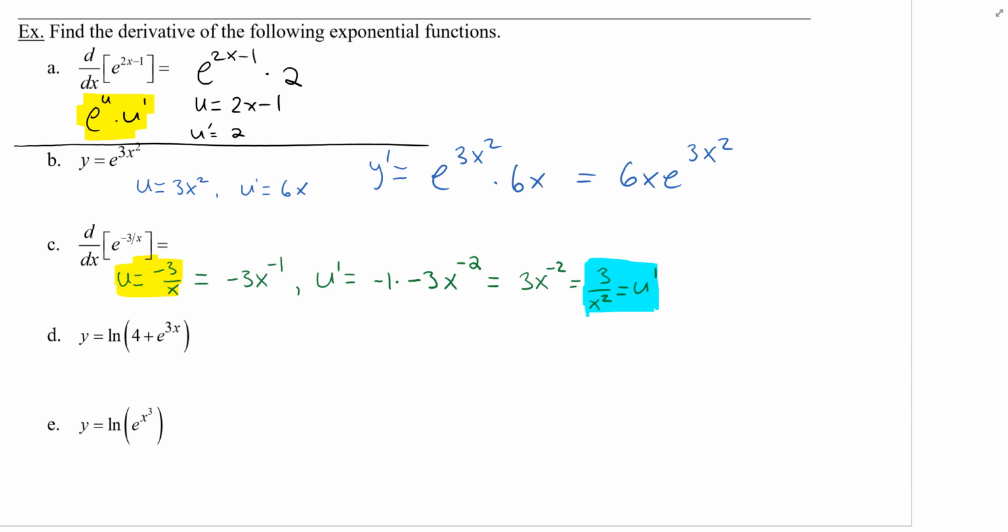It's not the derivative of e to the u that's the hardest, it's the derivative of the u's. So my final answer for this, the derivative of e to the negative 3 over x, I'm just copying the problem, is e to the negative 3 over x times 3 over x squared.